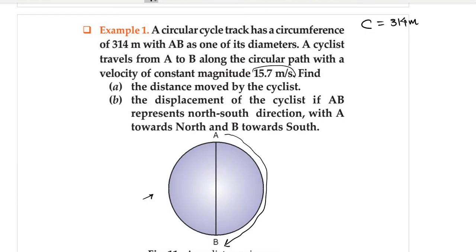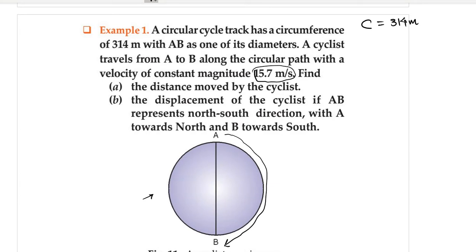meter per second. Now you will ask me, sir, what is velocity? You have not taught us. Yes, we are going to learn about velocity in the next part. Velocity is nothing but speed. Speed is measured in meter per second. Now let us see whether in this question there is any use of velocity, or they have just given it like that.